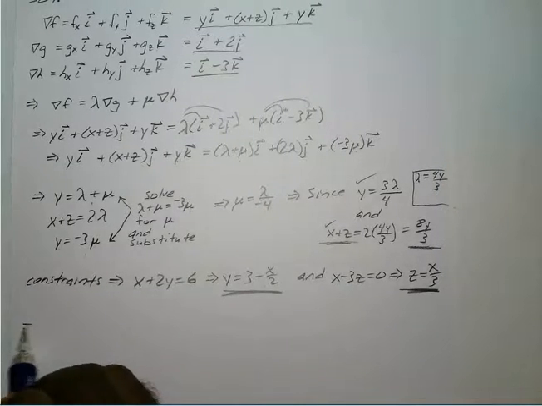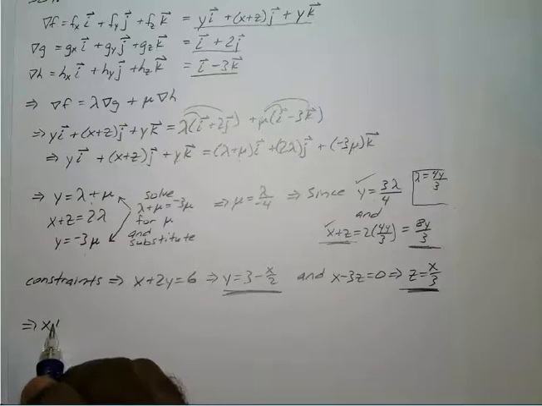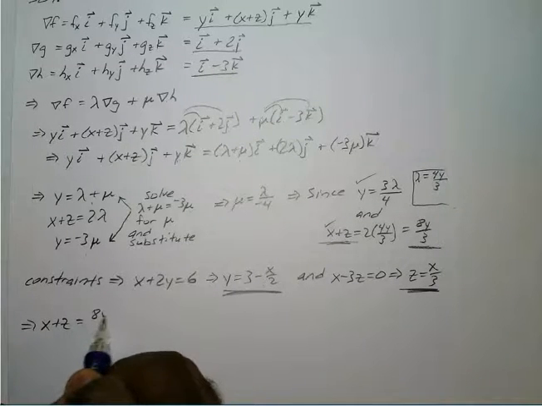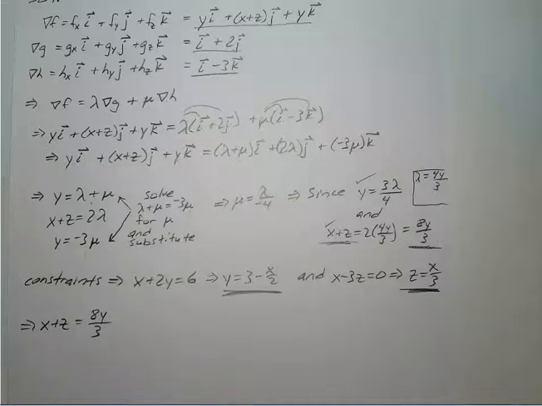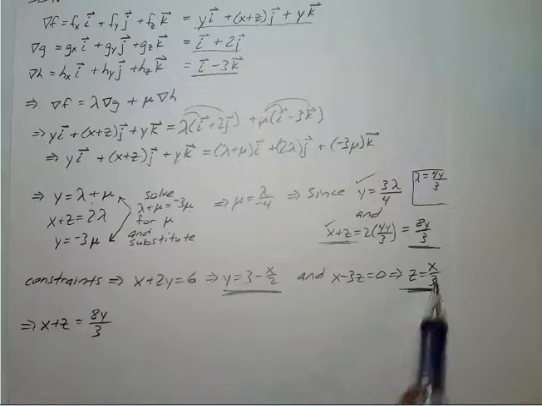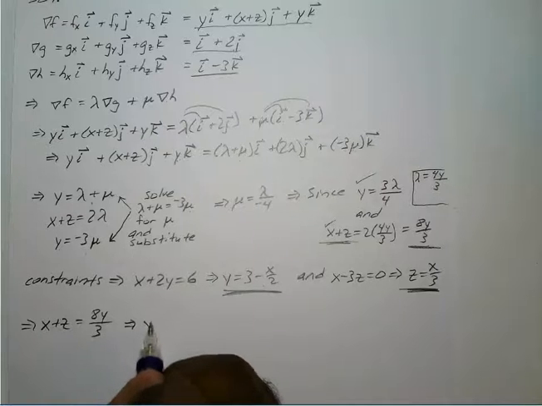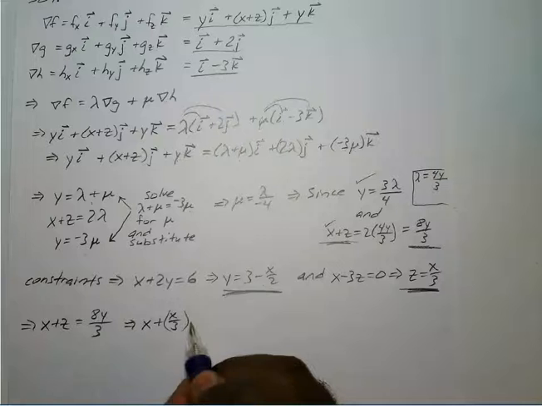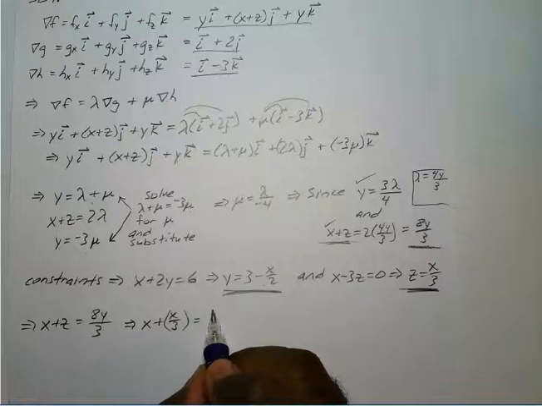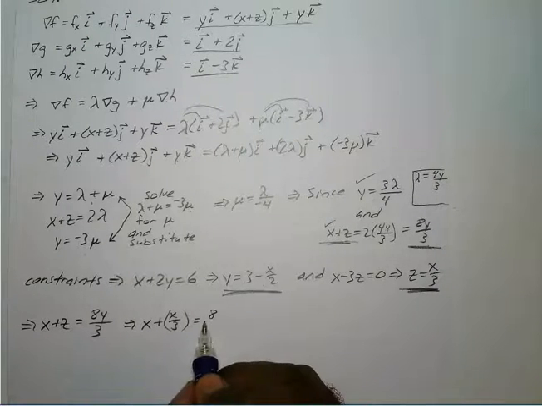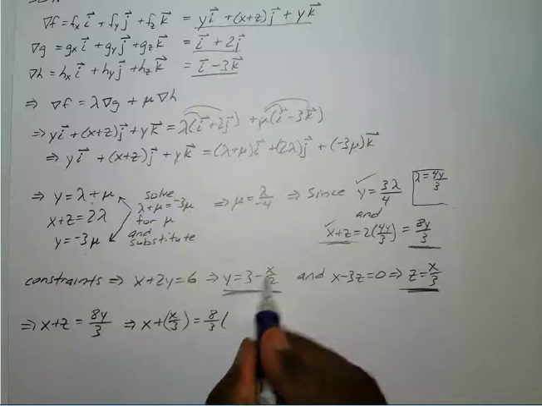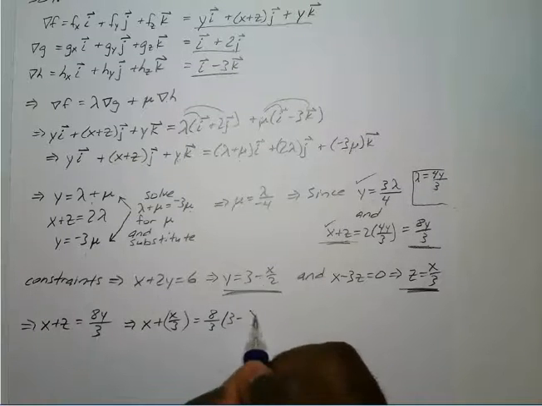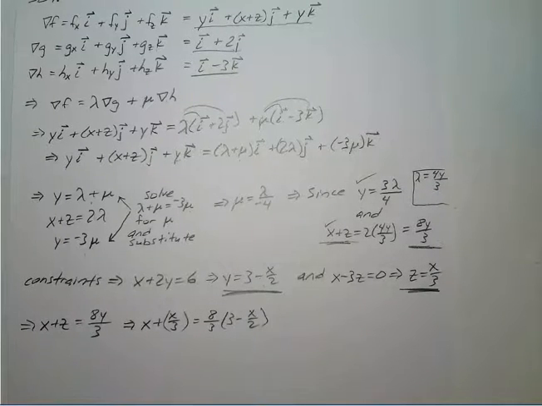We know that x plus z equals 8y over 3. Since we know that z is equal to x over 3, that means x plus x over 3 is equal to 8 over 3 times y, so 8 over 3 times (3 minus x) over 2. So all x terms.